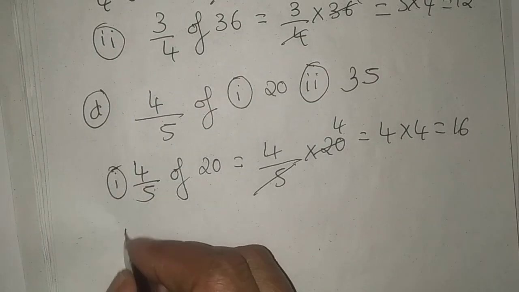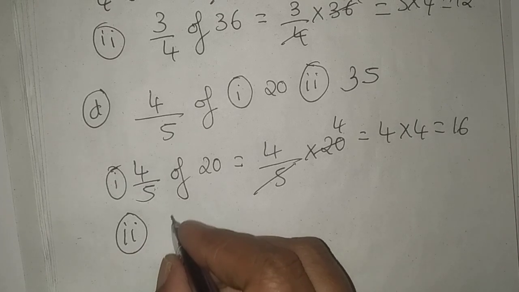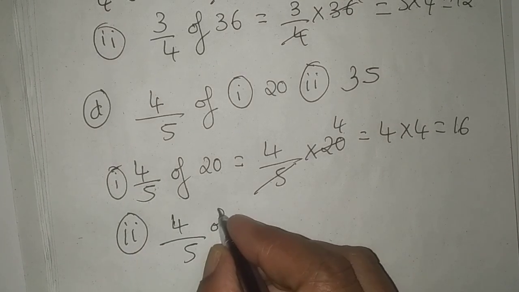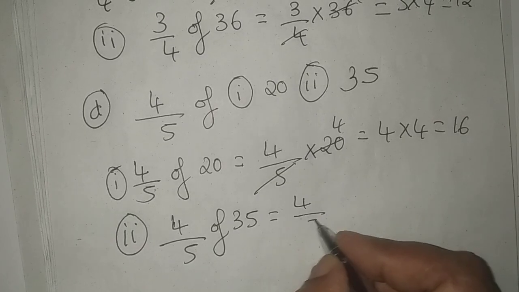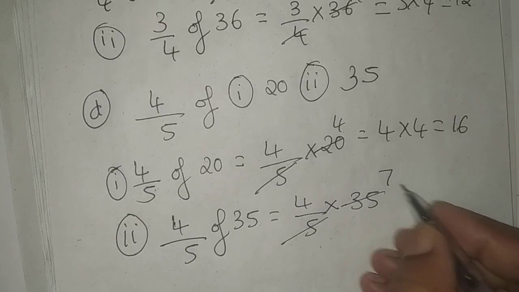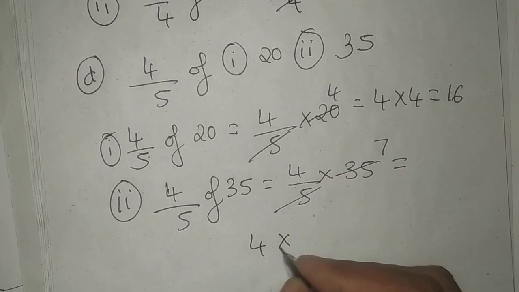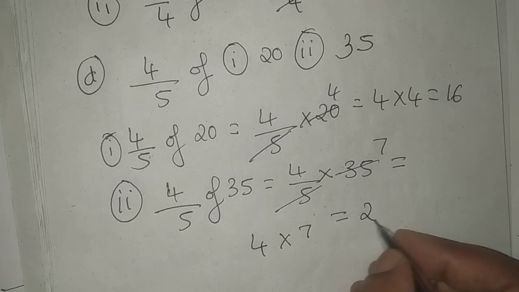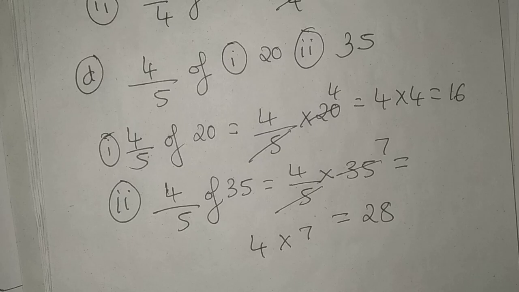Finally the last part, that is second one is 4 by 5 of 35 is equal to 4 by 5 into 35, 5 sevens are 35, therefore 4 into 7 is equal to 28. So this ends the 4th and the 5th problem in this class.